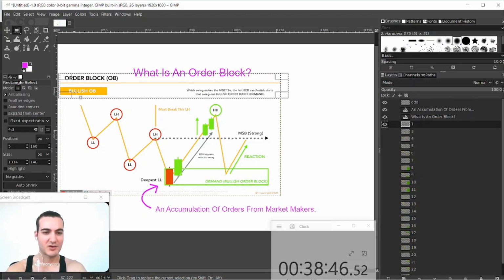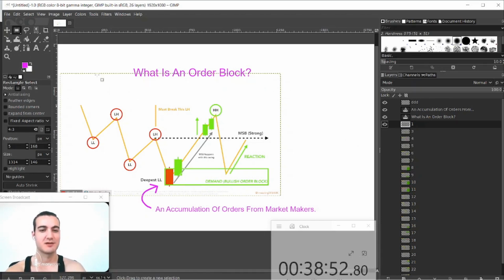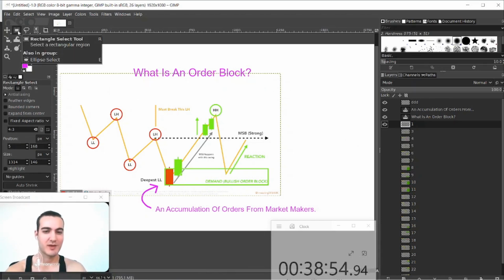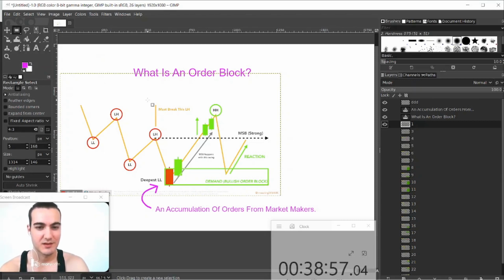And what I'm doing right now is removing this information because it's not really necessary. And when I look back at this as a reference, I don't really need to see that.